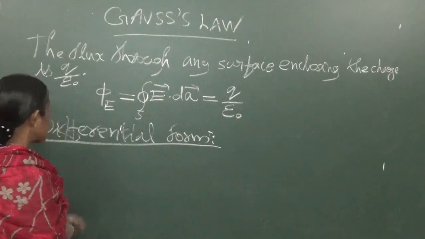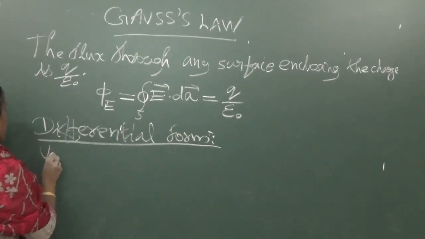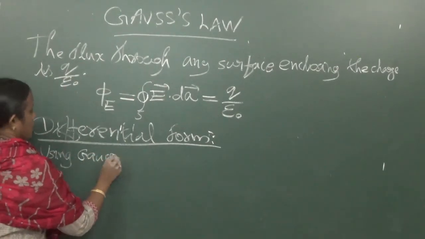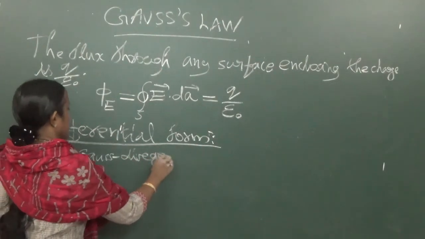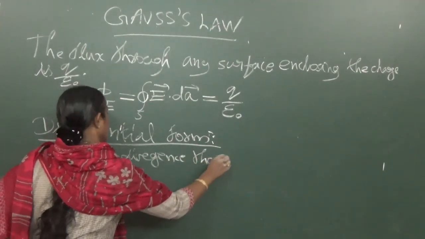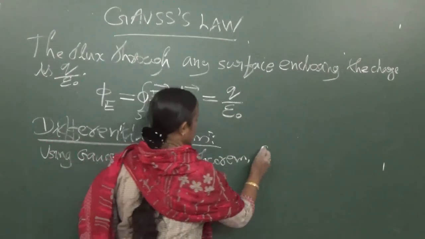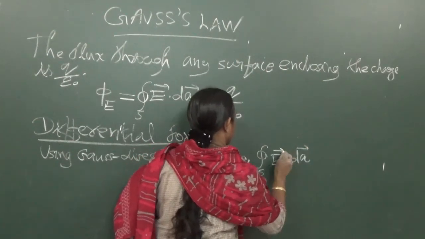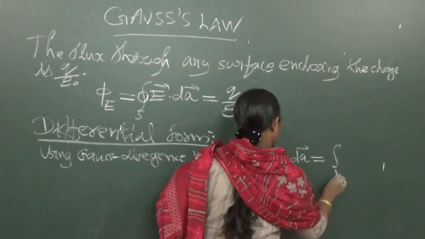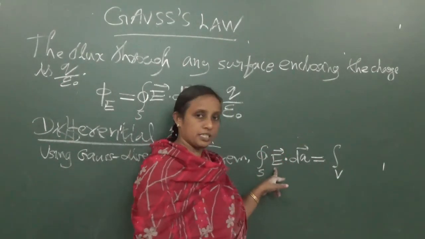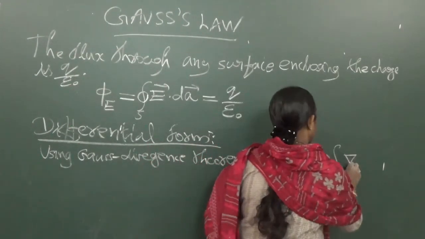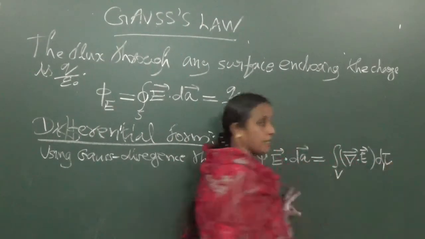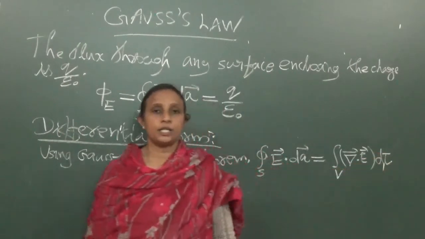That is called the Gauss divergence theorem. Using the Gauss divergence theorem, the surface integral of E dot dA equals the volume integral of the divergence of the electric field, where the elementary volume is considered as d tau.